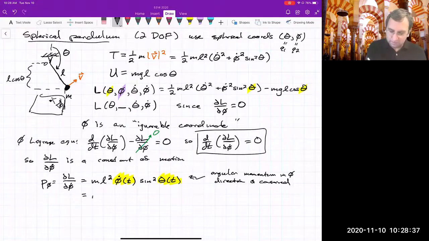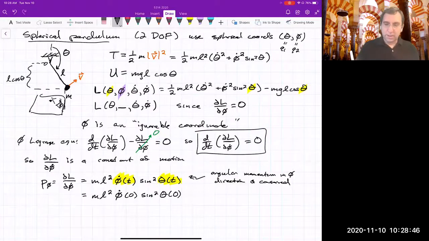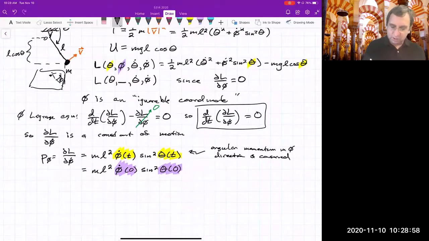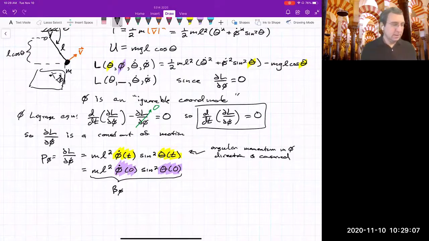So this would be m L squared phi dot at the initial time, sine squared theta at the initial time. By setting the initial conditions, that sets what the momentum in the phi direction will be for all time. We'll call this constant beta sub phi, because we're building up to what we mean by ignorable coordinate.